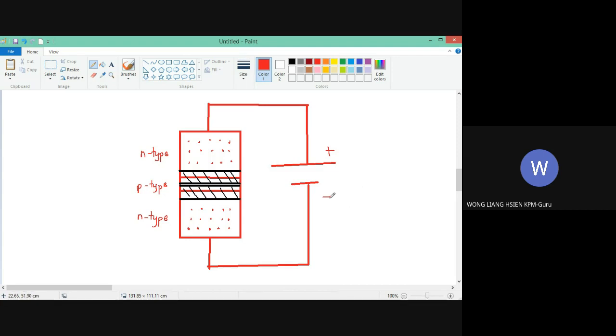Similar to what happened in the semiconductor diode, the negative terminal will repel the electrons. It will push the electrons, so the electrons will go nearer to the junction. So it will make the depletion layer become a little bit narrow.